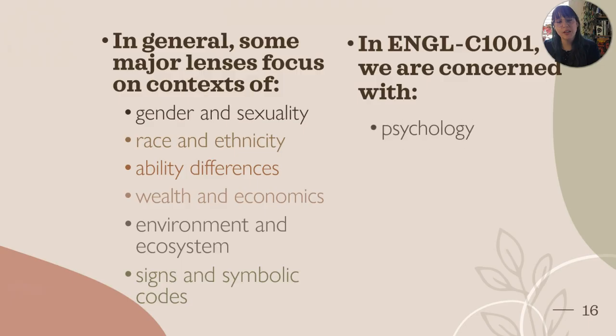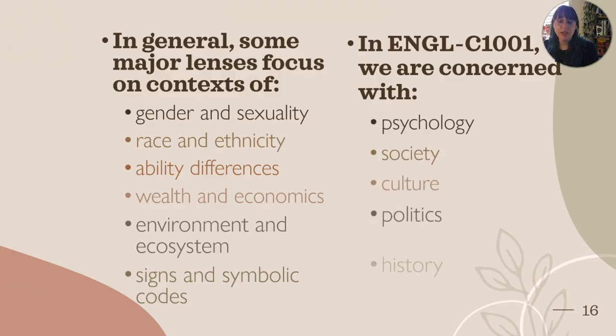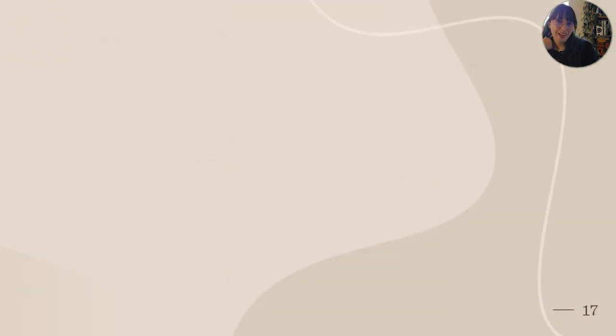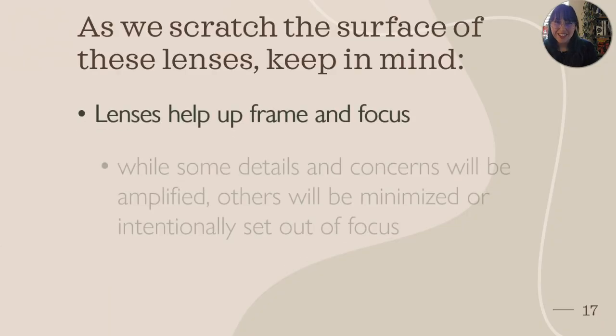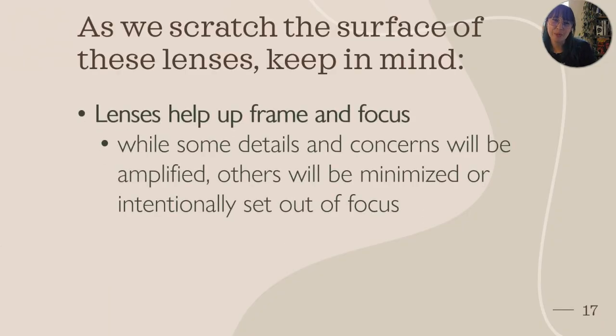In English C1001, though, we are really concerned with diving deep into these 6 areas: psychology, society, culture, politics, history, and aesthetics. And right away, when you look at them side by side, you can see how they will overlap and blend and merge together.